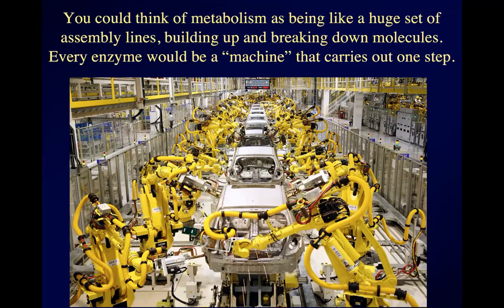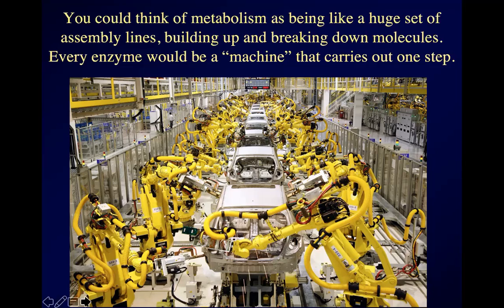So a car moves up to one of these robots, and the robot will stick out an arm and weld, zip, zip, zip, zip. And then the car moves on to the next robot, which does something different. So on this assembly line, every industrial robot does one thing, and then the car moves on to the next one until it's assembled. In every cell, every enzyme would be a robot that carries out exactly one step of metabolism.